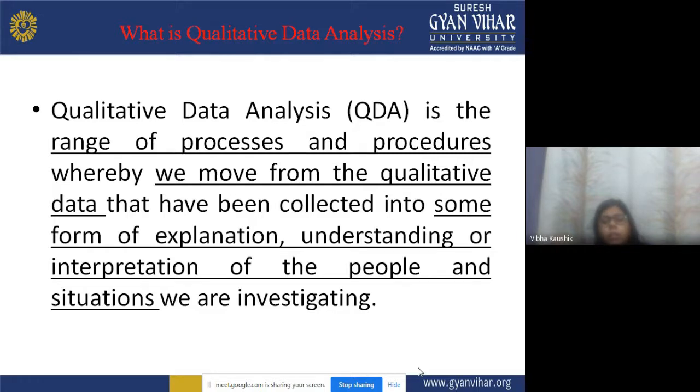We explain the variables and what type of relationship exists between them. Understanding means understanding how much the variables affect each other. On the basis of the relationship between the variables we interpret it. It can also be the interpretation of the people, how they behave in particular situations, and we are interpreting, explaining, and trying to understand those situations that we are investigating or on which we are doing the research.